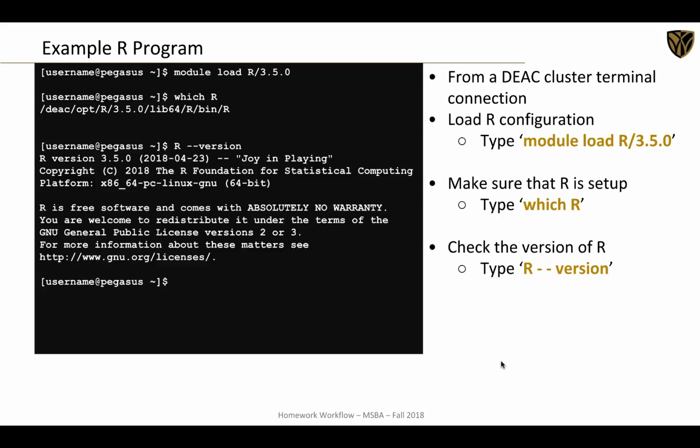To check the version, you'll type capital R --version. Note there should be spaces before these dashes or any other dashes referenced on a command for the rest of this presentation. The returning text should show version 3.5.0, nicknamed Joy in Playing, was loaded.